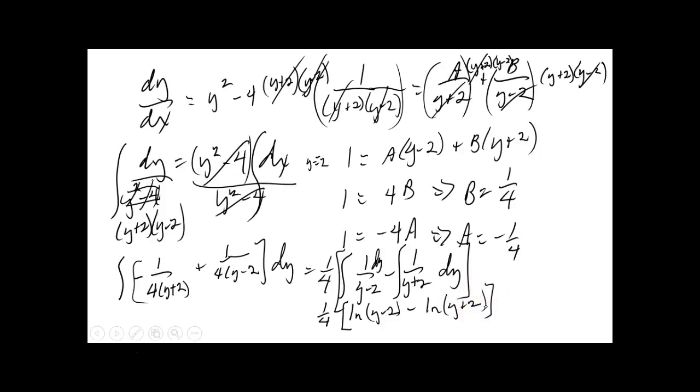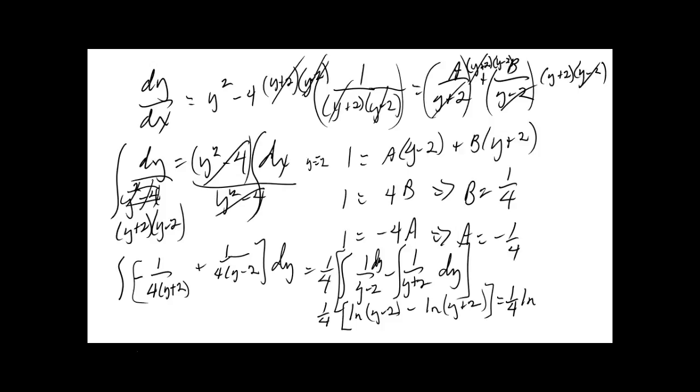Now, there's a couple of things you could do here. I don't know if you want to do them, but you could. One of the rules of logarithms is that the difference of two logs is the log of a quotient. You remember that one?